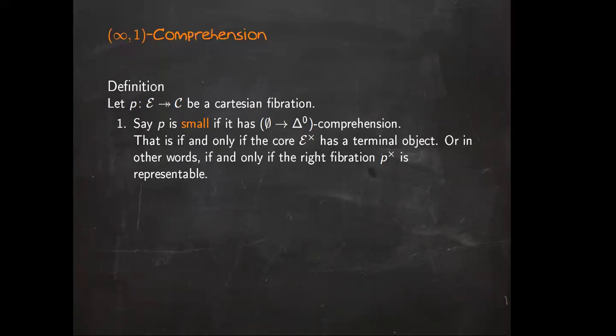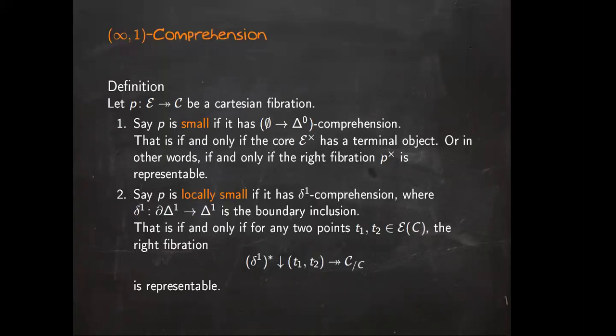So this is smallness, and there's a notion of local smallness, which is comprehension with respect to the boundary inclusion, right? So what that means is, give me any two objects, T1 and T2, in the same fiber, then there are two other objects together with a vertical arrow in between them.